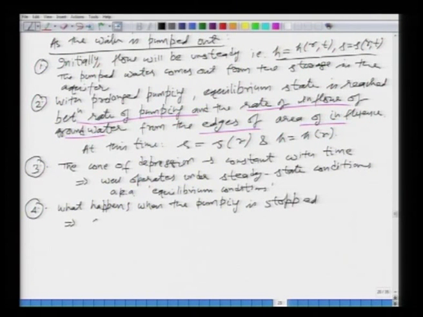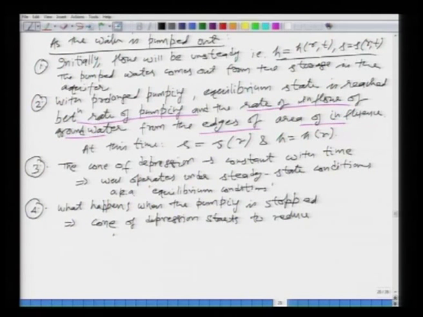We just said that one thing that will happen is that the cone of depression starts to reduce in size.